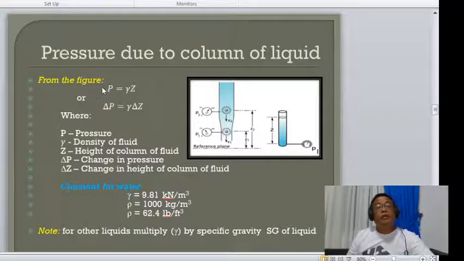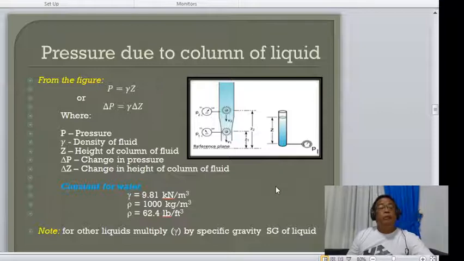Since this is a pressure differential between two elevations, delta P is defined as the unit weight multiplied by the change in elevation between the two levels of the liquid.